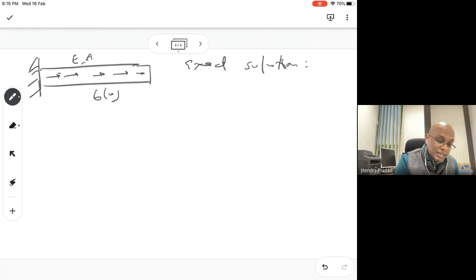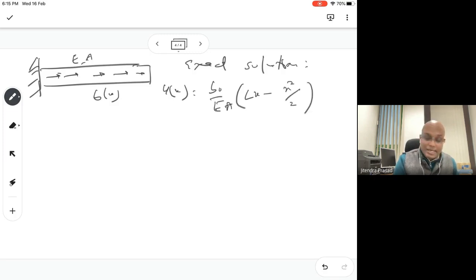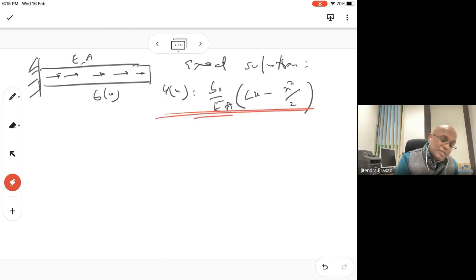And this is ux equal to b naught over EA, times Lx minus x square over 2. This is the solution we have, and we have already done it.